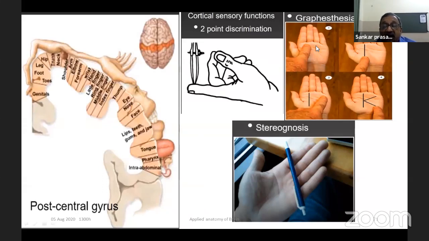Whether that function is done properly can be tested by the two-point discrimination test, graphesthesia test, and stereognosis test, which is a very important assessment of cortical sensory function.